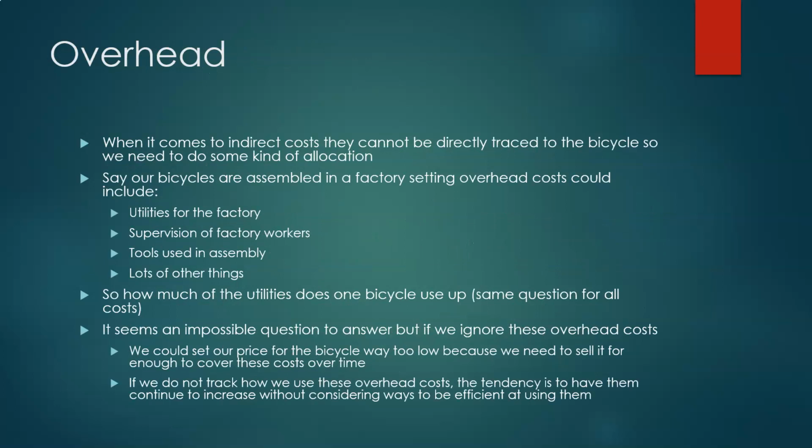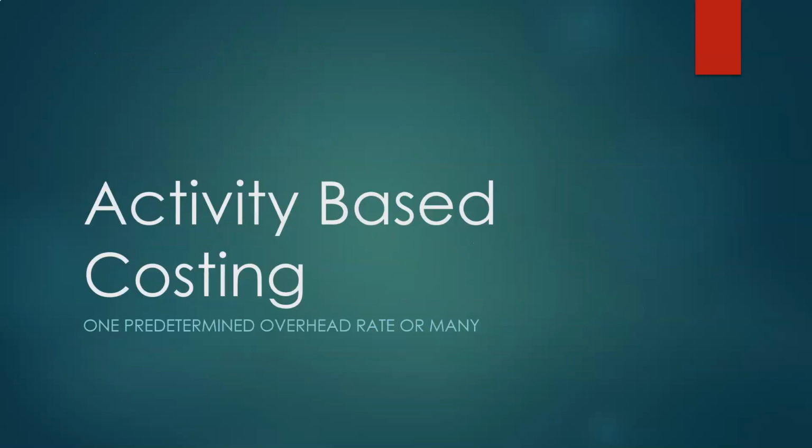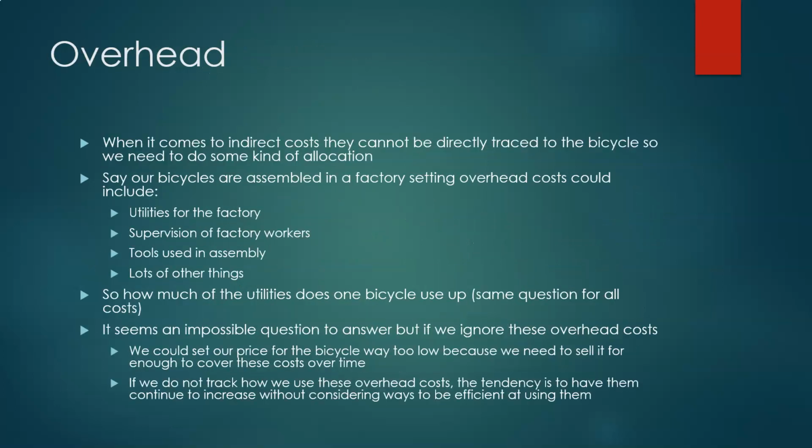So in ABC costing, for example, we are going to be looking at indirect costs. We're going to be looking at costs that cannot be directly traced to that bicycle being assembled. We are not going to be manufacturing the wheels, the tires, and all of that. We're going to be buying tires. That's part of our materials.